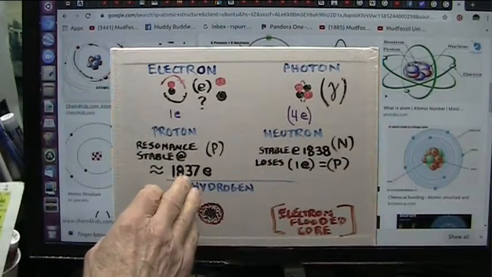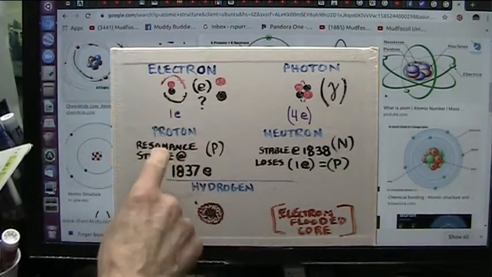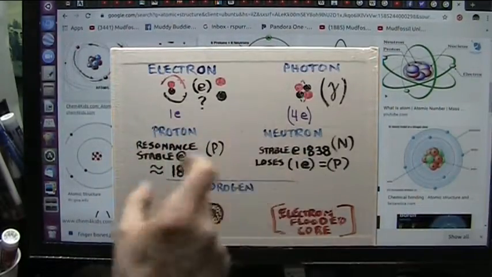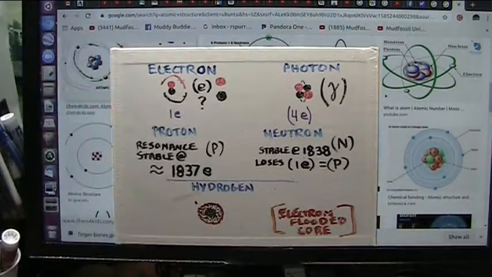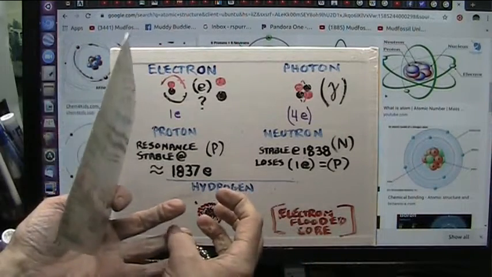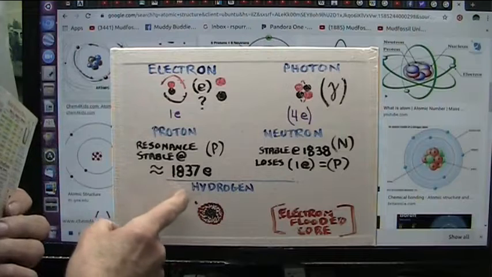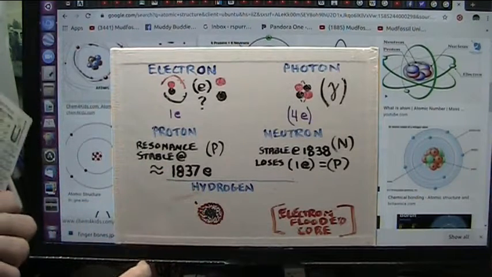And this 1837 and 1838, however, of electrons make these. They are not big chunks on their own. Just remember that. They flood into the core, and then they build a chunk like this for hydrogen, and its outside layer is the negative layer, forcing the positive layer in. Then additional electrons will not penetrate.